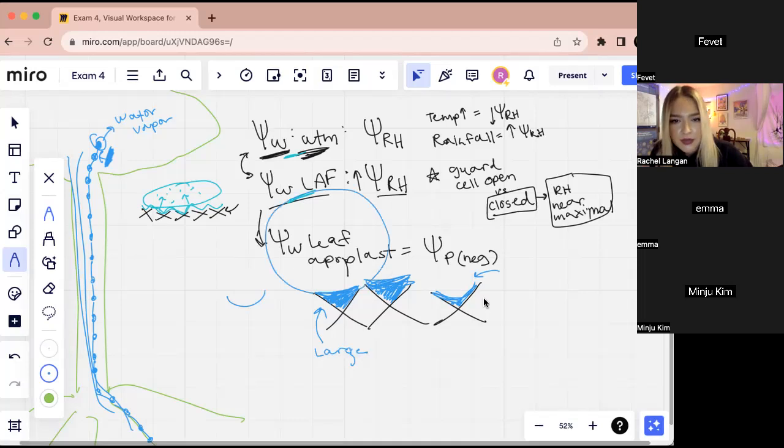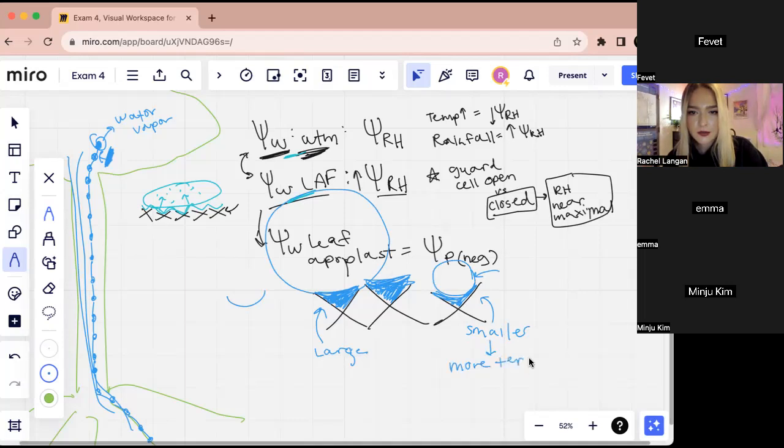Versus if you have high levels of transpiration, the radius of menisci is smaller. When the radius of menisci is smaller, that is more tension, which is more negative pressure.